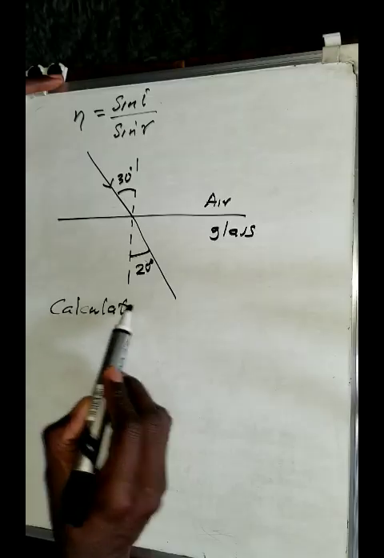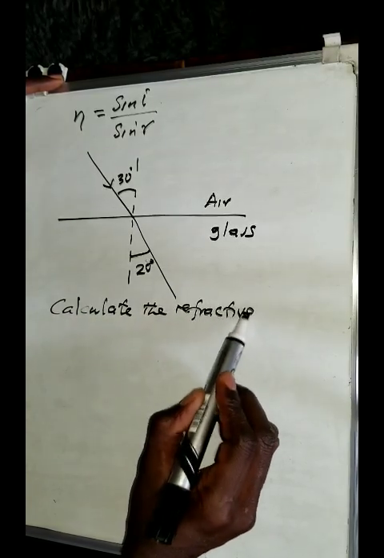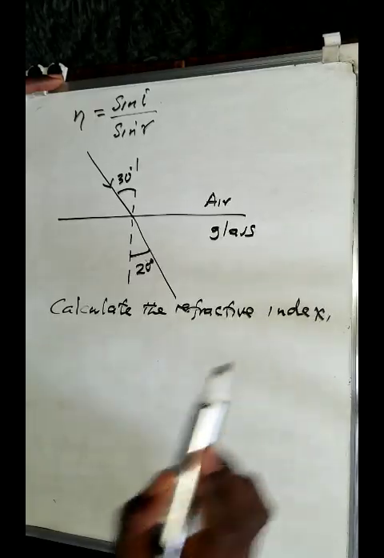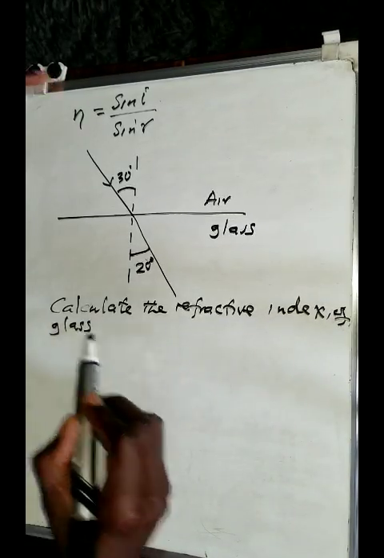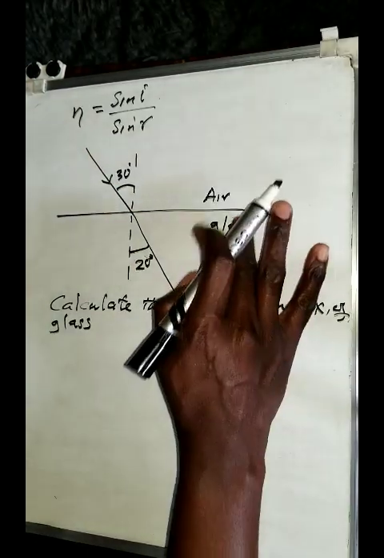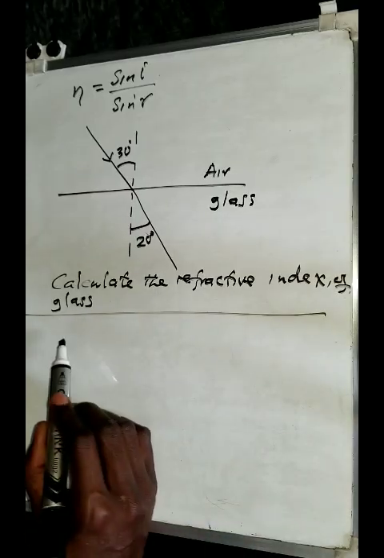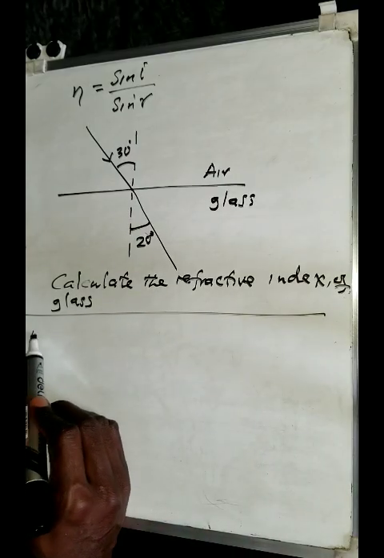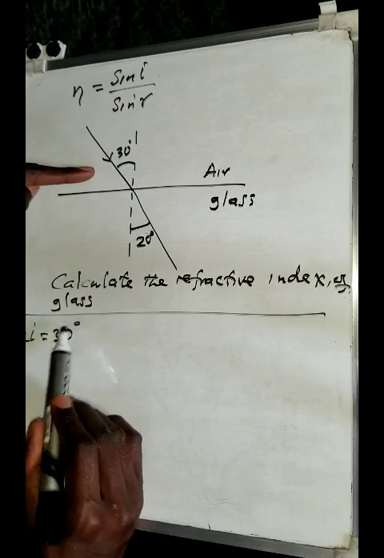the refractive index of glass, because light is traveling from air going into glass, so they want you to find the refractive index of glass. How do you find that? Remember, the angle of incidence is 30 degrees.